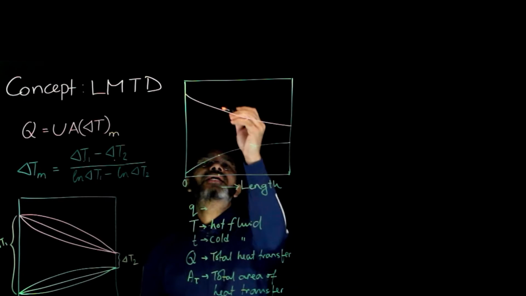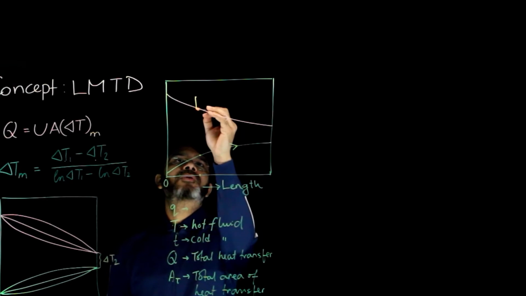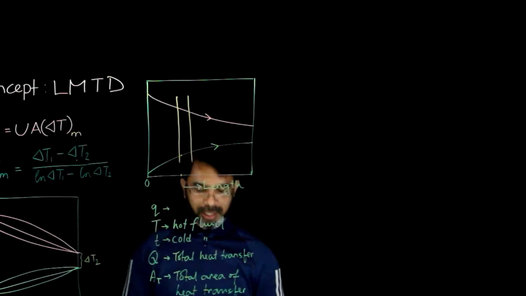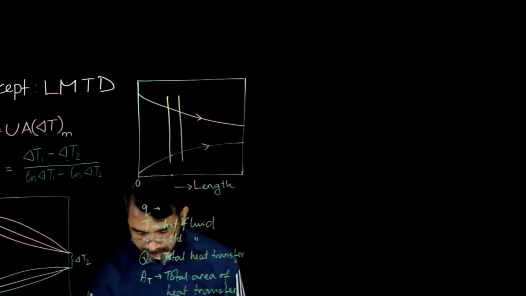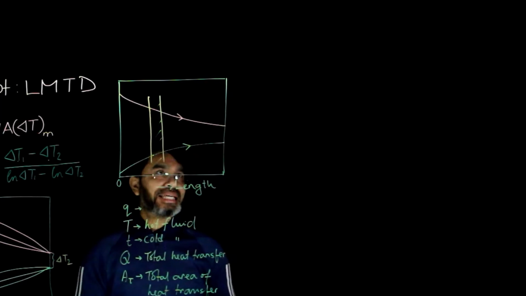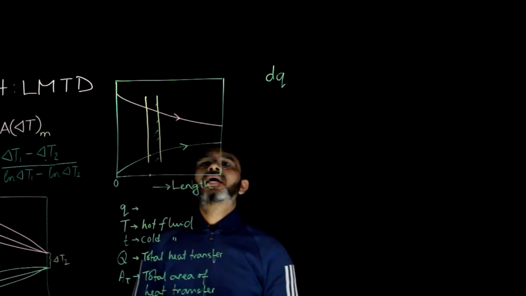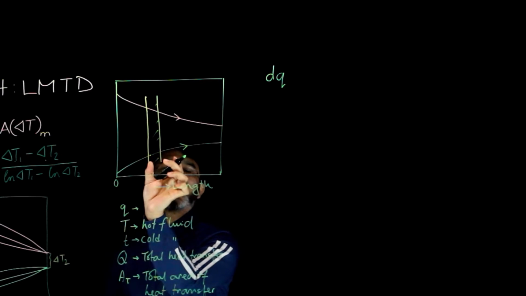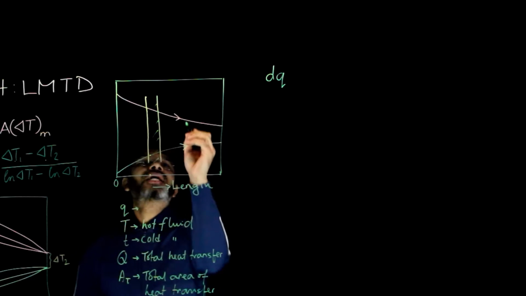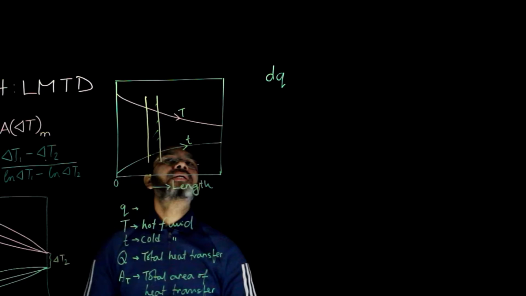Now if we take a smaller segment of the heat exchanger, suppose I take this smaller area, here I can take the heat transfer to be dq, and the differential area I take to be dA. This is the temperature of the hot fluid, this is the temperature of the cold fluid.